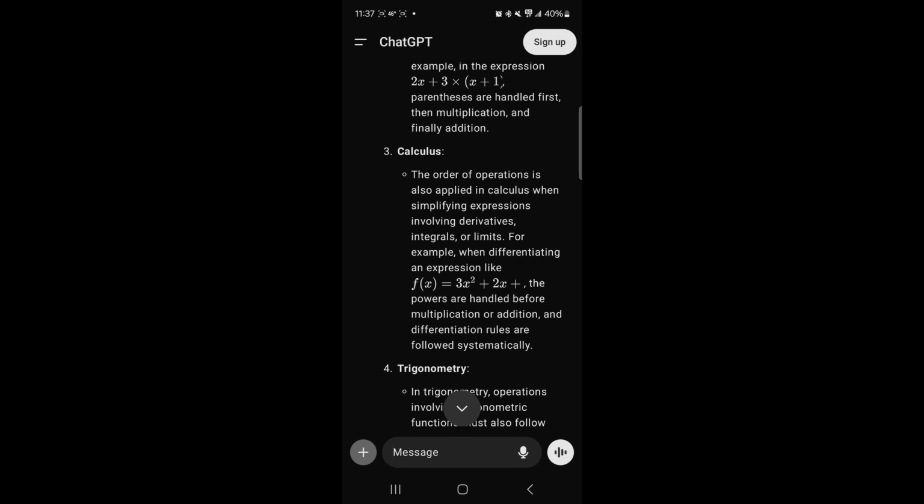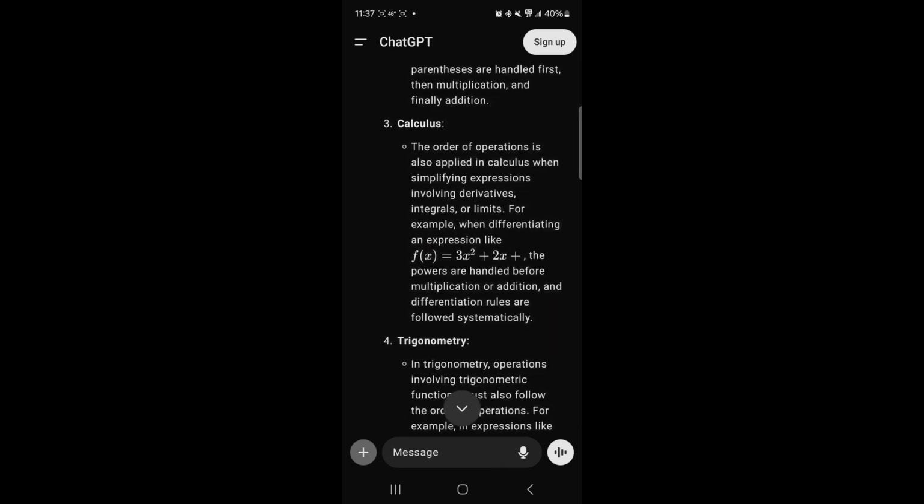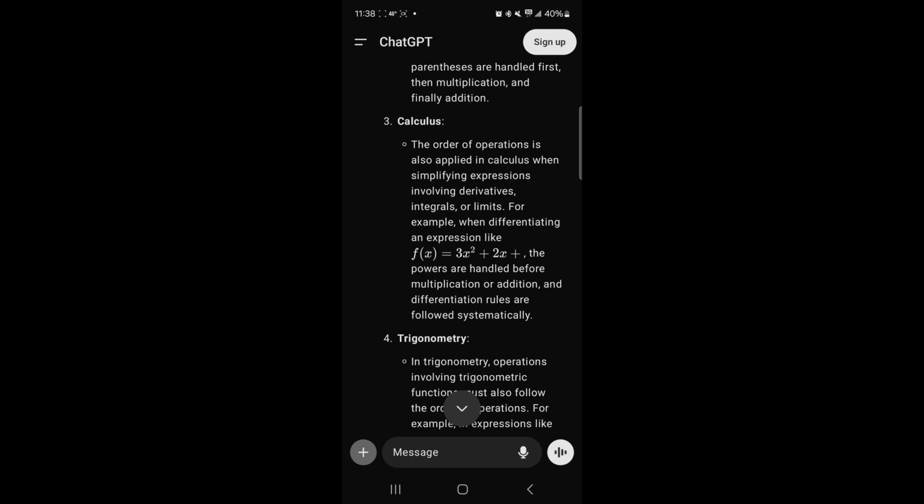The powers are handled before the multiplication or addition, and differentiation rules are followed systematically. So exactly right. You first would look for parentheses. We don't have them in this function, but we do have powers, also known as exponents. Those are handled ahead of multiplication, and then you go on to addition, and so on.